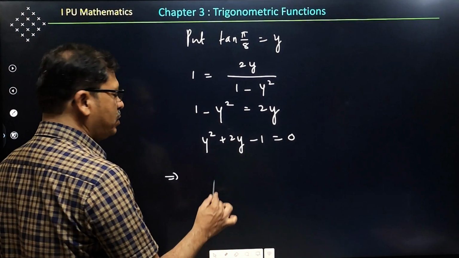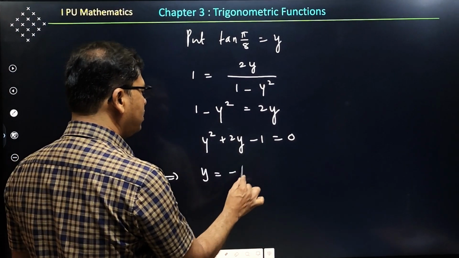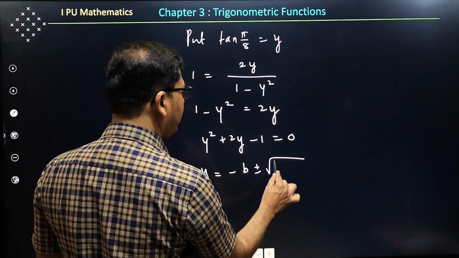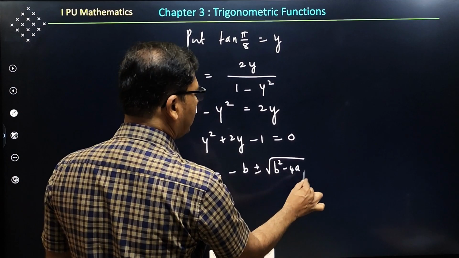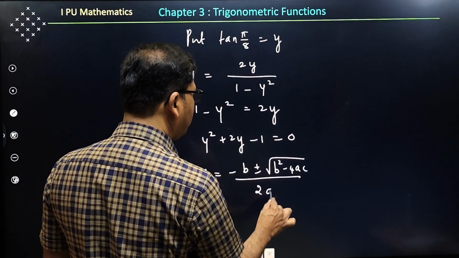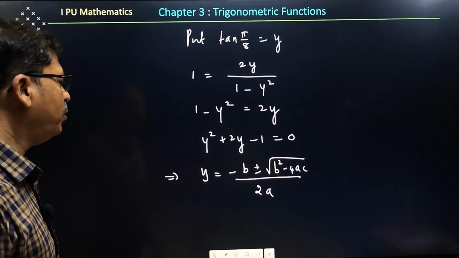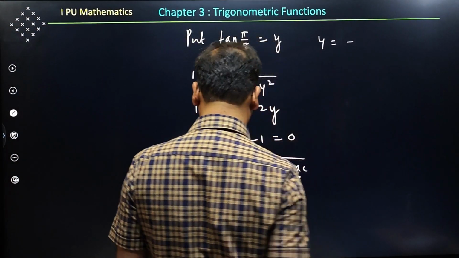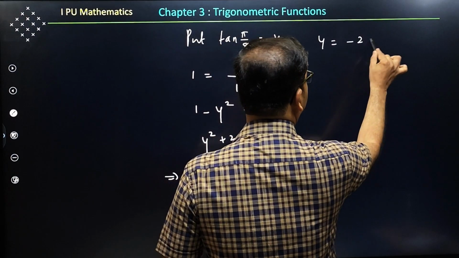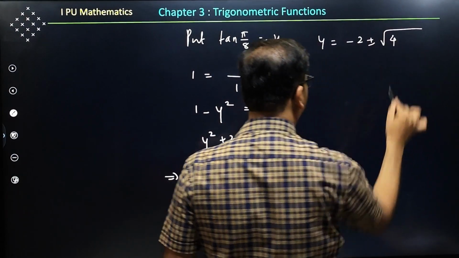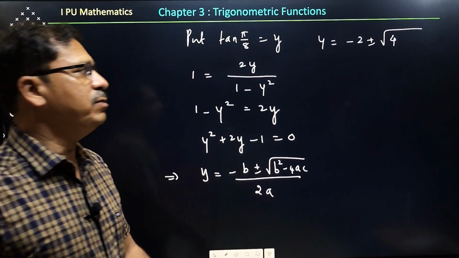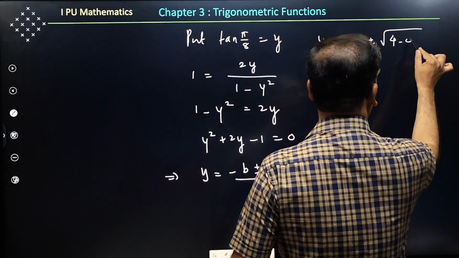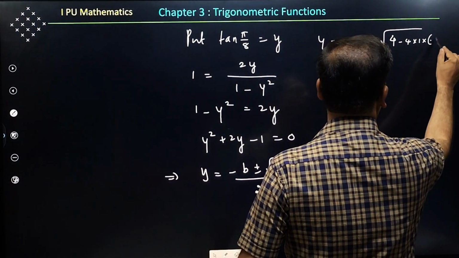So use the formula y is equal to minus b plus or minus square root of b square minus 4ac, divided by 2a. This result you use. Using this, how can you write it? y is equal to minus b means minus 2, plus or minus square root of b square, 2 square is 4, minus 4ac, 4 into a is 1, c is minus 1.